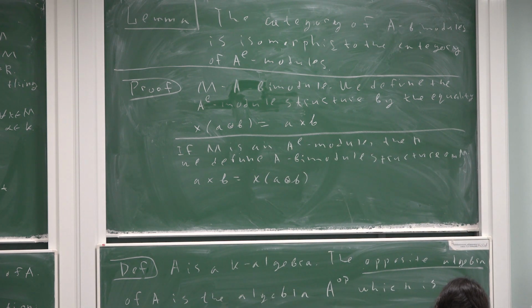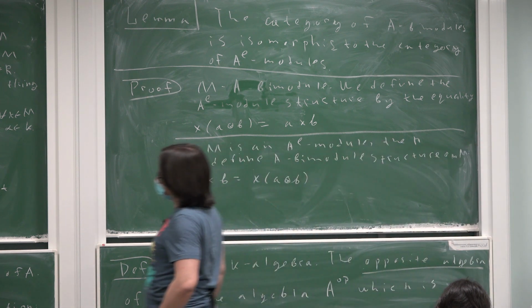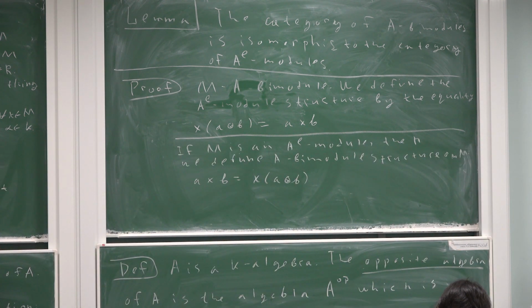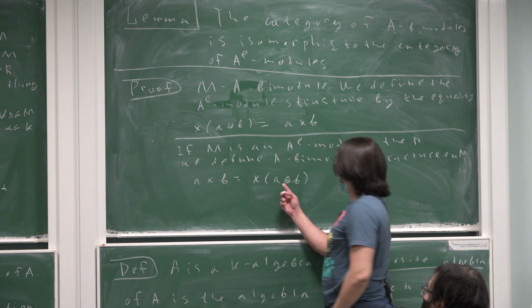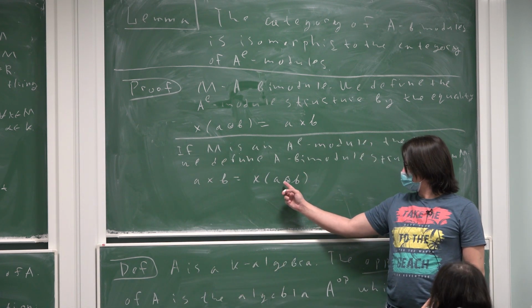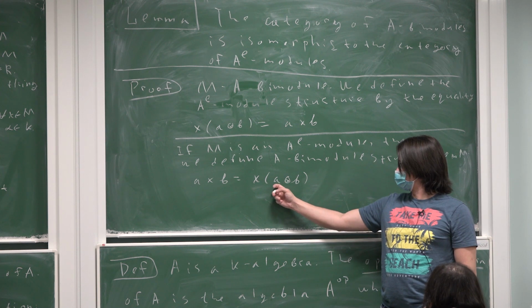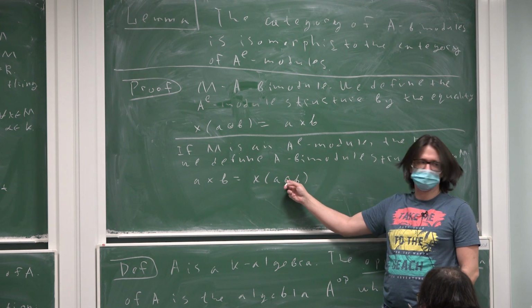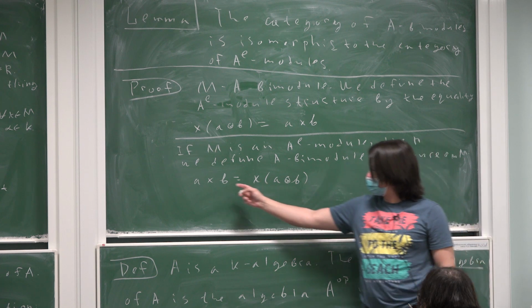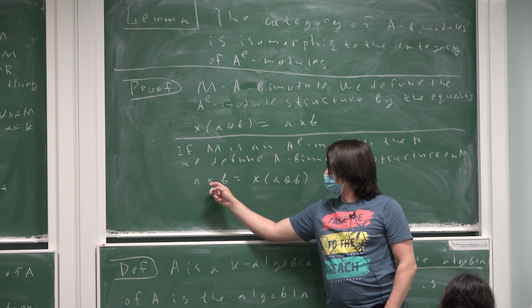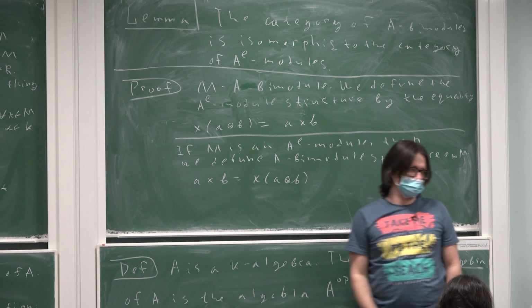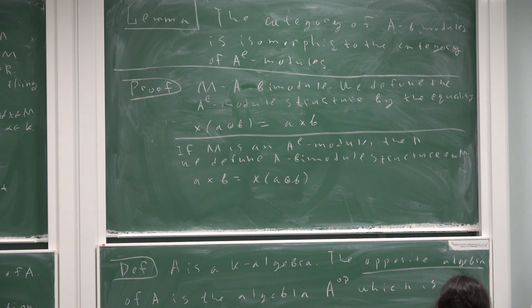And of course we need this definition of A bimodules, because here some scalar from K can be put to this side and to this side, because this tensor is over K. So it doesn't have to depend where the scalar from K is.